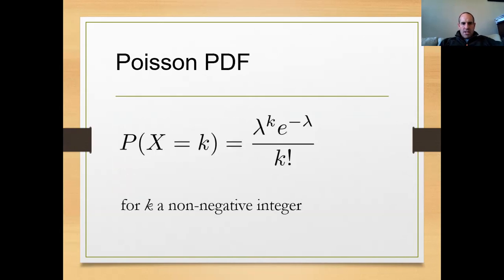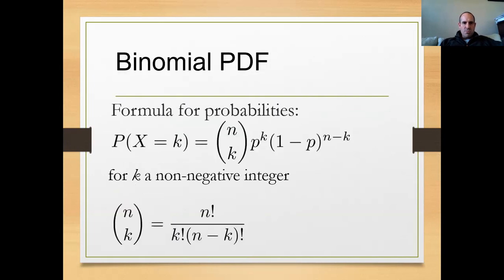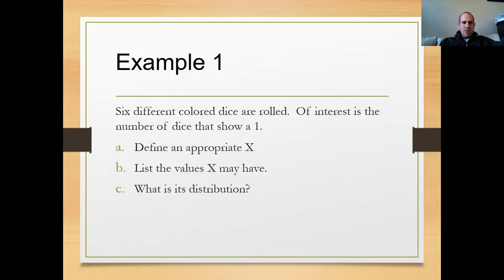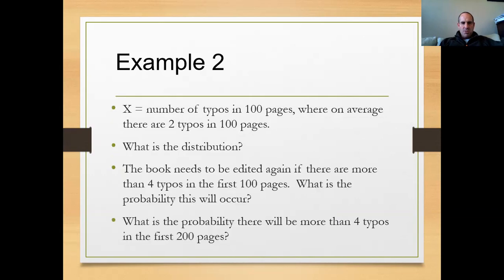And this was the probability mass function for the Poisson right here. Look, it has the mean right there. There's lambda. Lambda is the mean of that thing. And of course, for the binomial, that was our probability mass function.